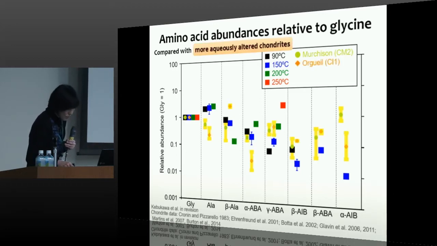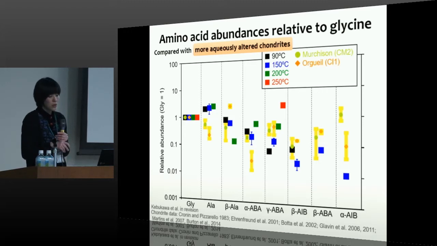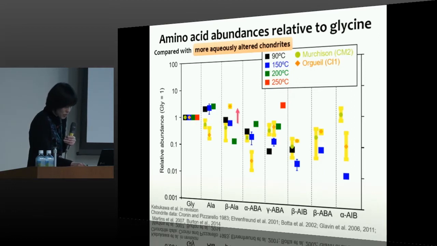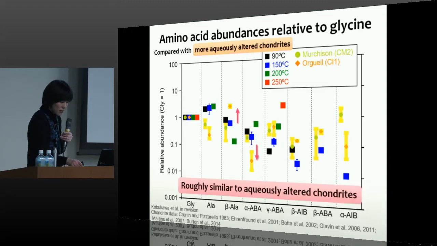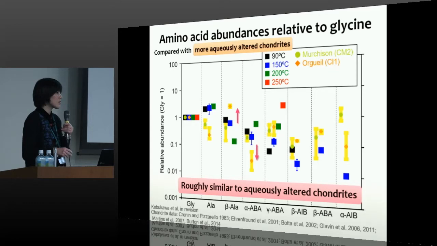And compared to the Orgueil meteorite, which is a more aqueously altered meteorite, they show a little increase of beta-alanine and decrease of alpha aminobutyric acid. So in general, it is a roughly similar trend to aqueously altered chondrites.